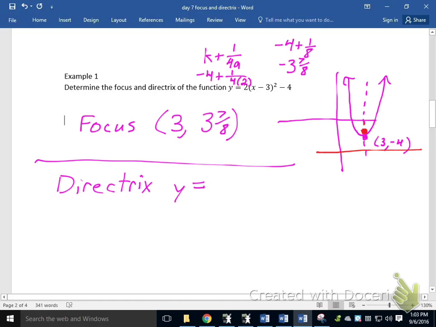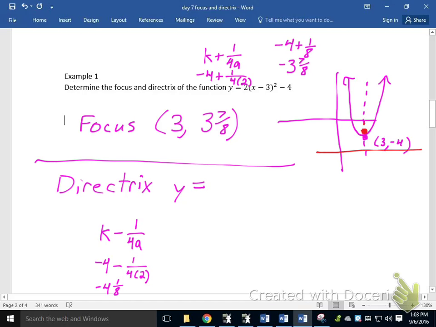Instead of k plus 1 over 4a, you're going to use k minus 1 over 4a. And that would be, in this case, negative 4, our k value, minus 1 over 4 times 2. And simplify that, and you get negative 4 1/8, just below the vertex.